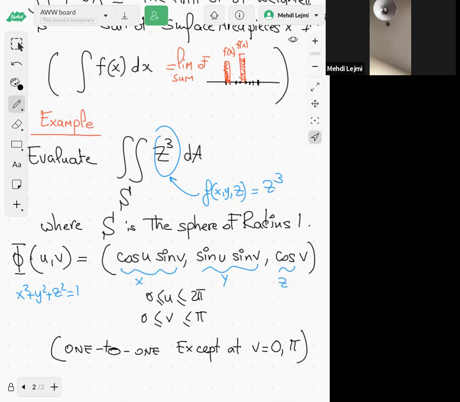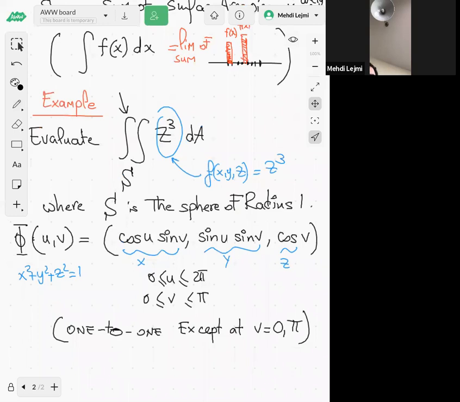But it doesn't matter whether it's 1-to-1 everywhere or not. You can always evaluate this scalar surface integral.